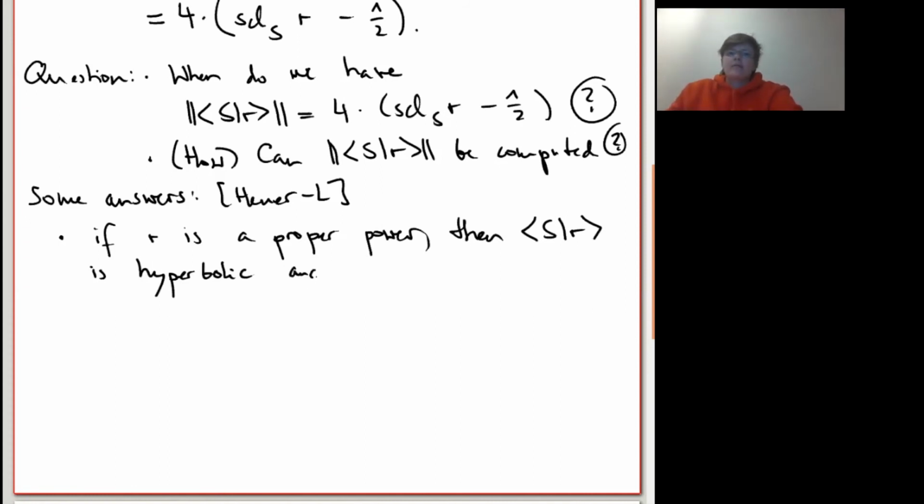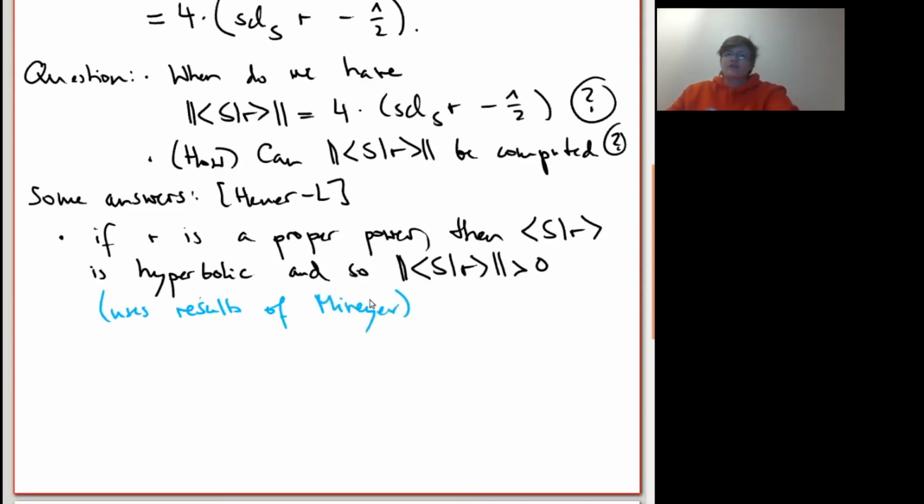And so the simplicial volume is positive in this case. So this uses results of Mineyev. Okay, so this is the counterpart to the fact that for manifolds in the hyperbolic case, we had positivity.